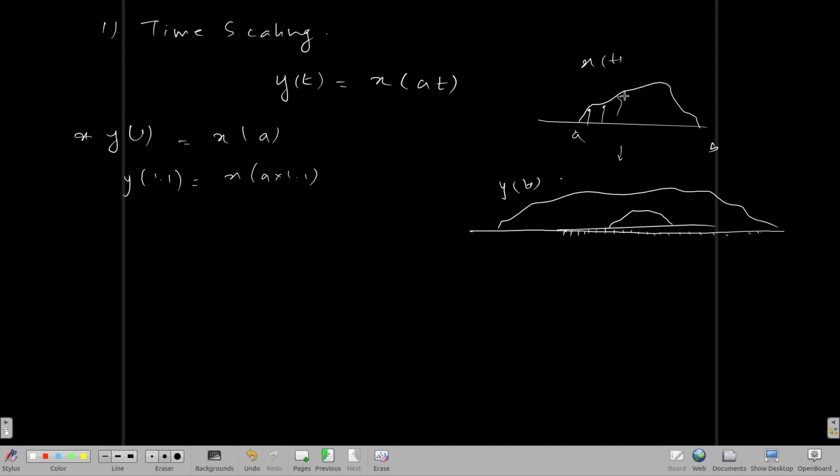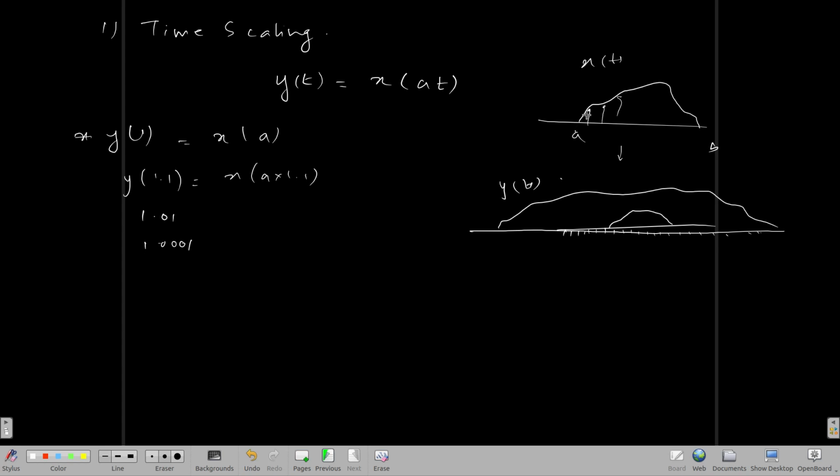So the thing is that because this is a continuous signal, no matter how tiny an increment is there, instead of 1.1 it can be 1.01 or 1.0001, right?